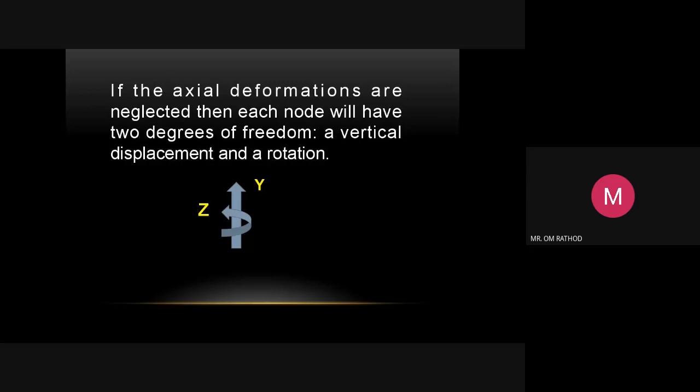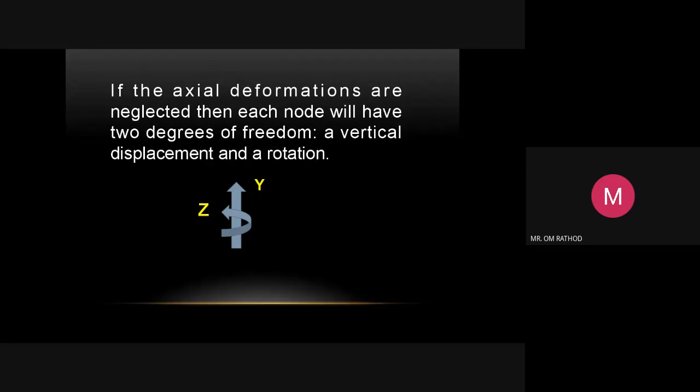So in case of beam at free node, there will be only 2 possible displacements. Possible degrees of freedom at free node will be 2, delta y and theta z.